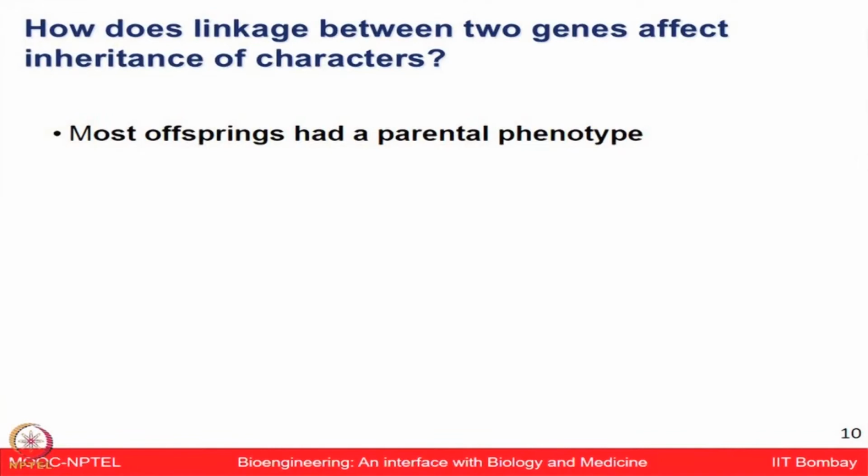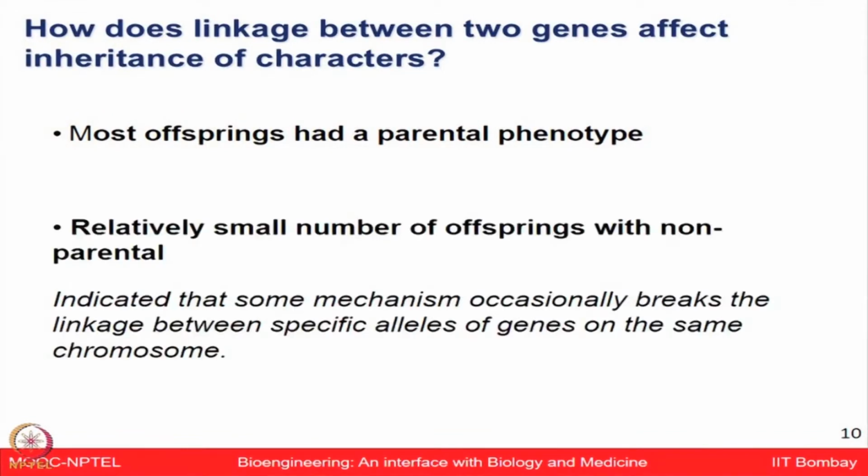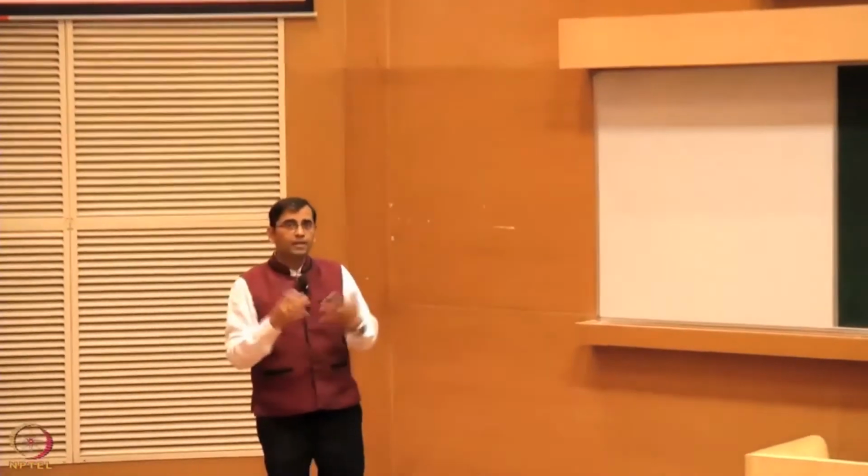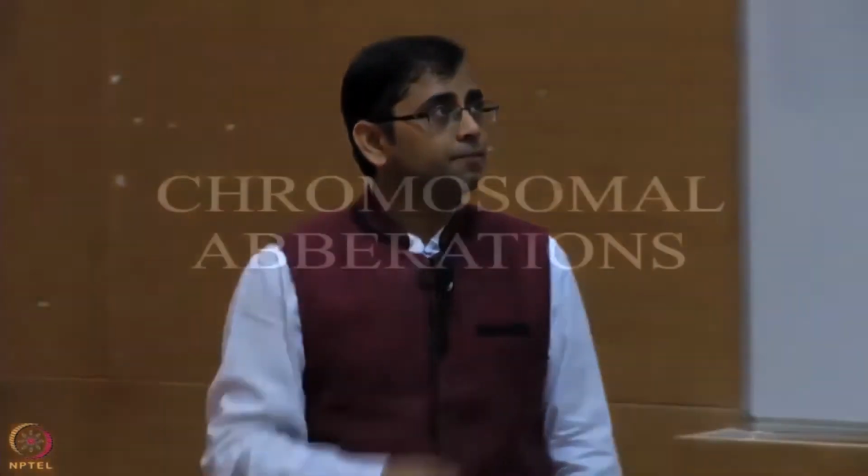So this is where he was looking at the linkage phenomenon, and what he concluded was that most offspring had the parental phenotype, whereas a relatively very small number of flies had the non-parental phenotype. This means there might be some mechanism which breaks this particular type of linkage, and some recombination events might happen and be transmitted from one generation to the next, which usually happens during the meiosis process.